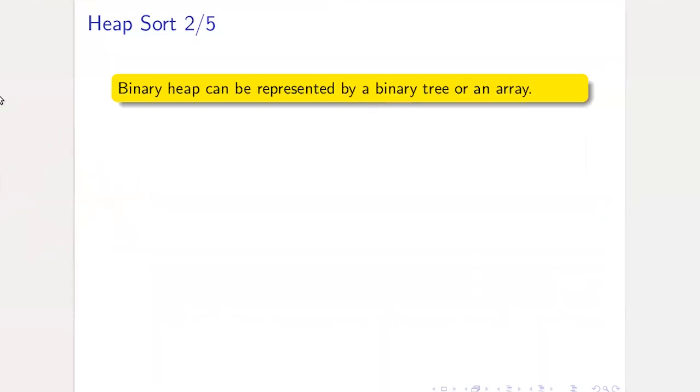So that is how you get to a binary heap, and while it is a tree structure, it can be very efficiently stored in an array also. So it can be used either as a binary tree or as an array. In fact, for our work, we will be using an array.